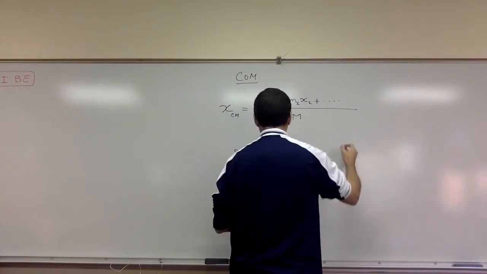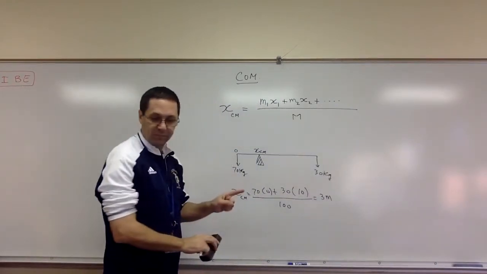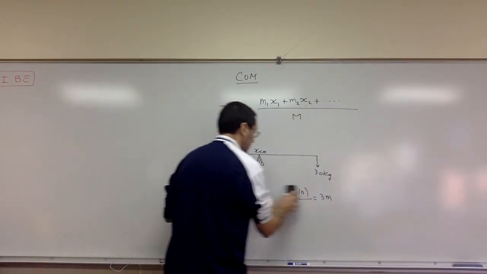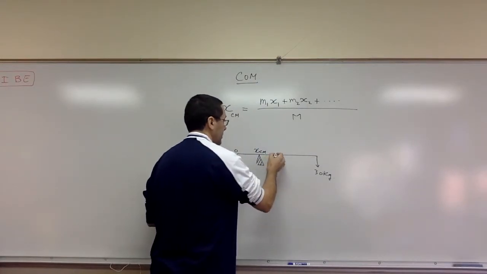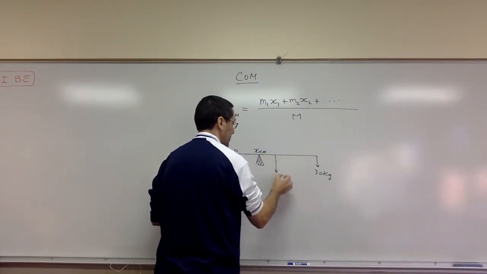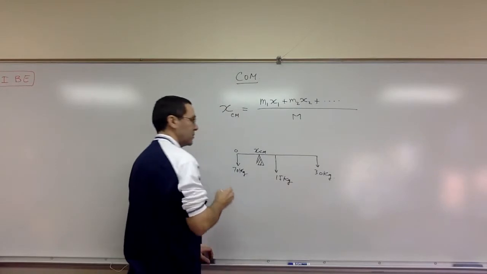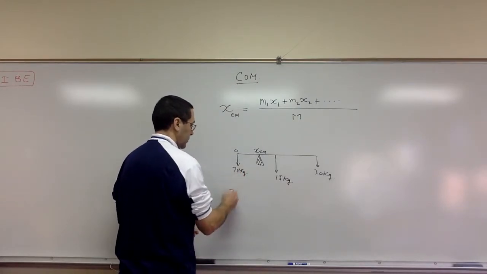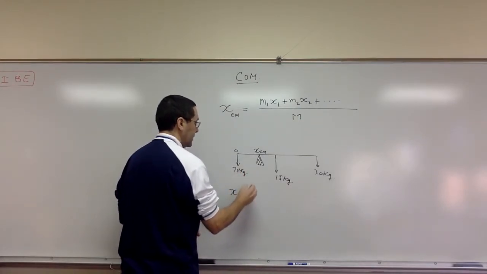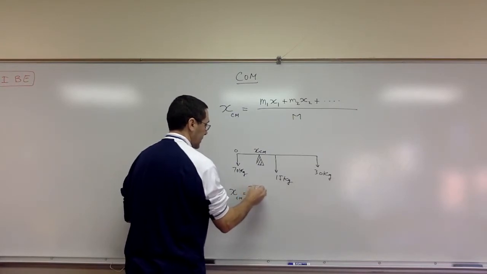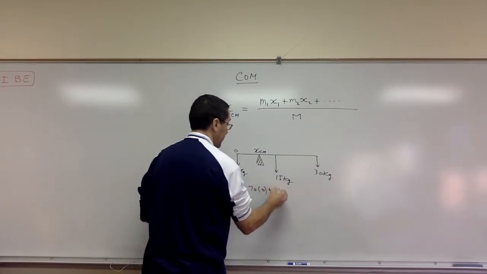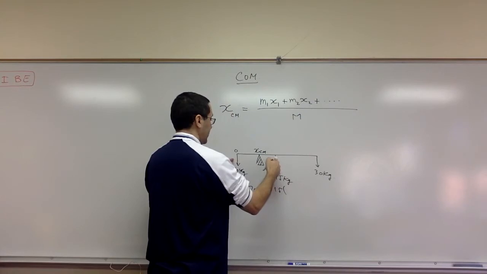Now let's look at number 17. It's kind of like the same, except now we consider the weight of the board, which has a mass of 15 kilograms. Do the same thing. So the x of the center of mass is 70 times 0 plus 15 times, now, how far is this from the 0?